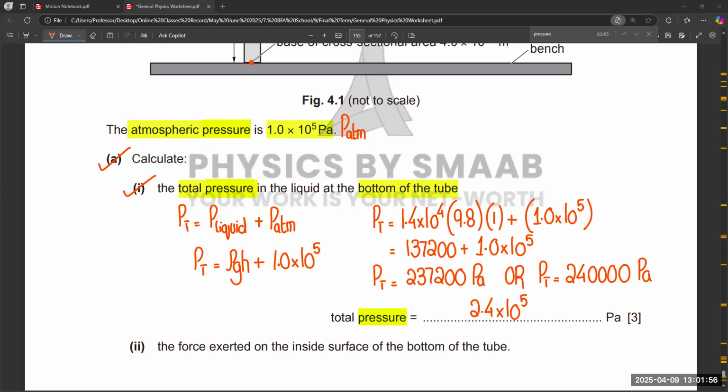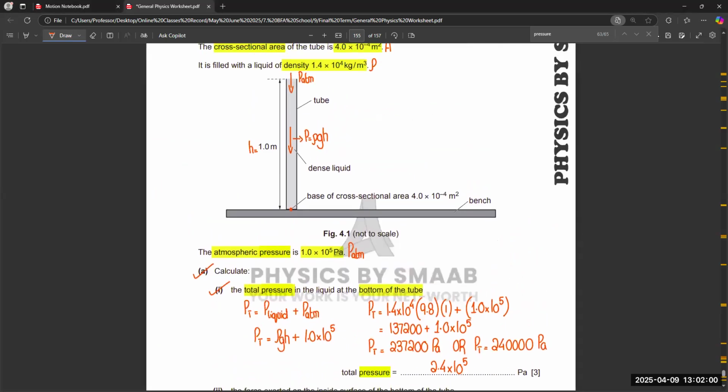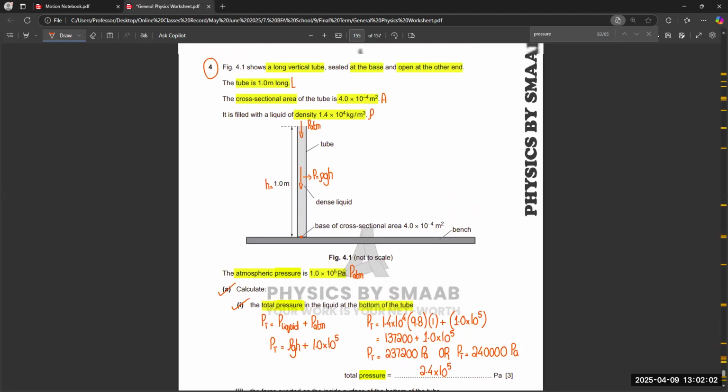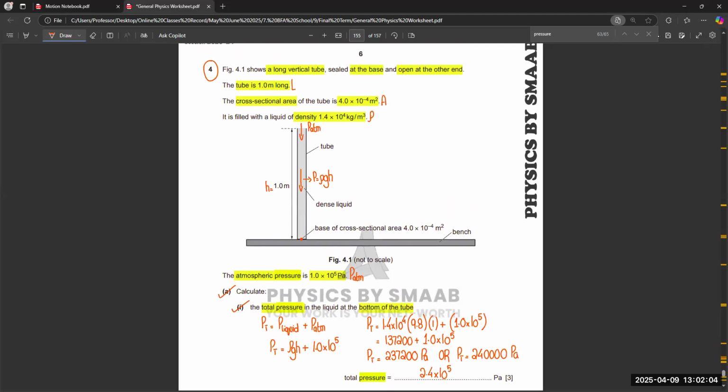Sir, can you show the diagram again? This is the diagram. Sir, I just wanted to ask how would we put the equation into the calculator like that?